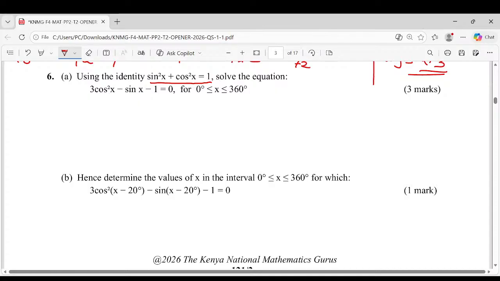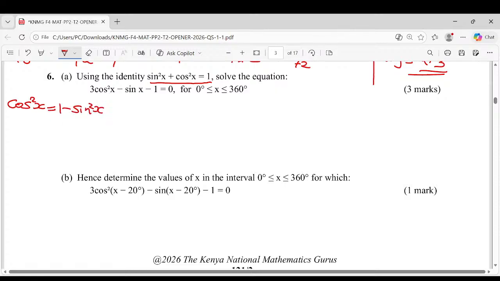So if sin squared x plus cos squared x equals 1, and I make cos squared x the subject of the formula, I'm going to have cos squared x being equivalent to 1 minus sin squared x.